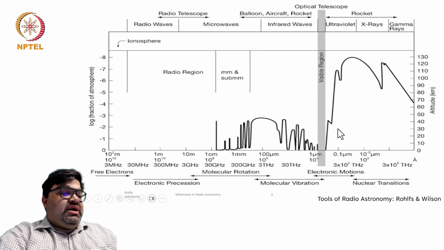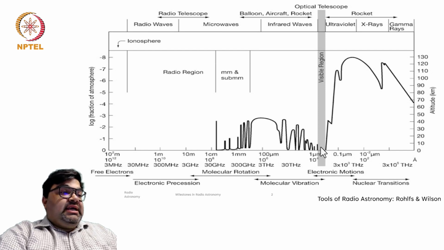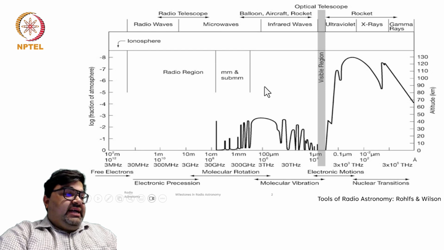But as you go to higher and higher frequencies, things become not that easy, and you have to rely on space-based observations. Of course, there is a minor fraction in the visible region where you can still observe from the ground, but the troposphere of the Earth's atmosphere becomes a bit of a problem. So you typically see very powerful optical telescopes at a very high altitude.